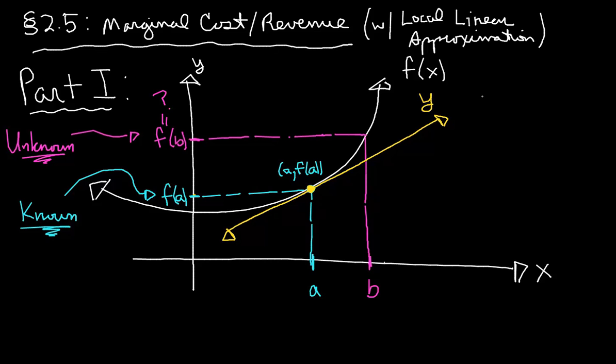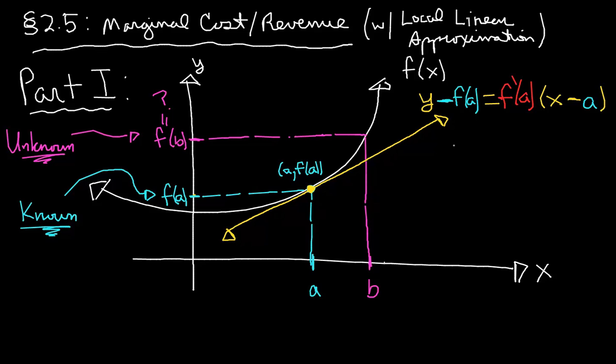That of course is just y minus some point y0 equals the slope times x minus some x value. But what are those values? The x value is just a, because that's the x value we know we can plug in. The y value is the corresponding output for that input, f of a. And this time the slope is simply the derivative of the function at x equals a. So this is the formula for this line here.